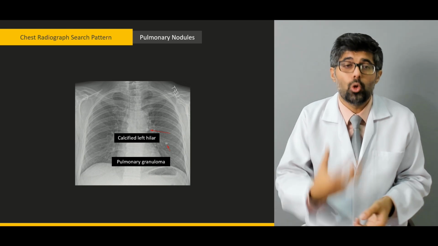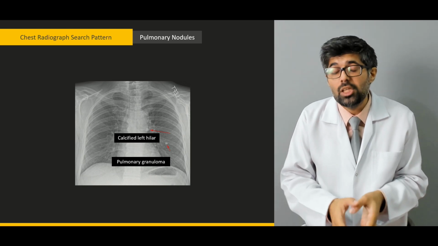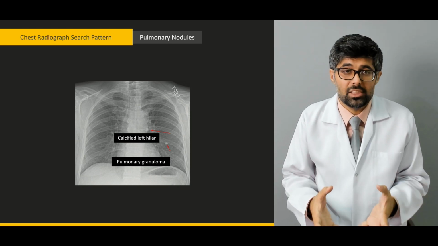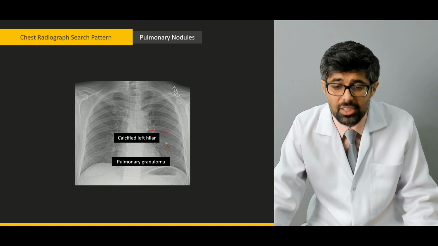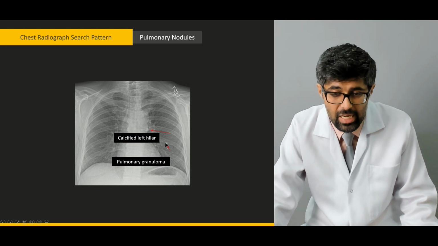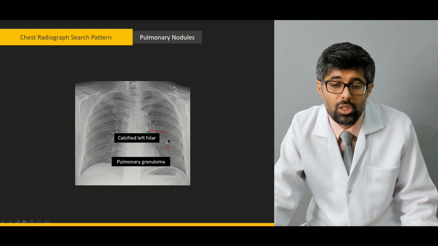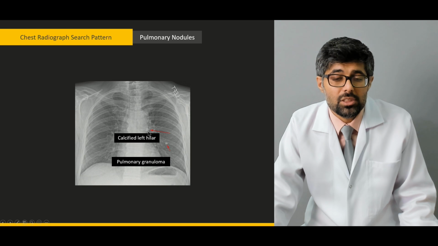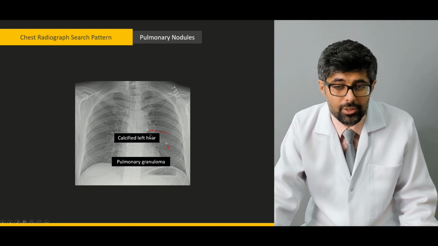We call it a nodule. And if that nodule is large enough, more than 2 centimeter, we call it a mass. Here, this pulmonary granuloma is actually due to histoplasmosis, and that granuloma is also causing lymphadenopathy, which is getting calcified.